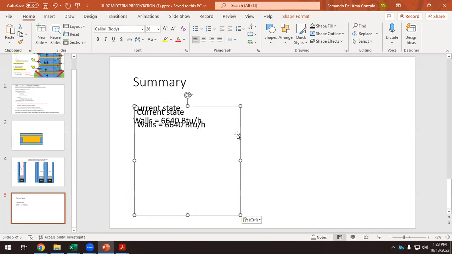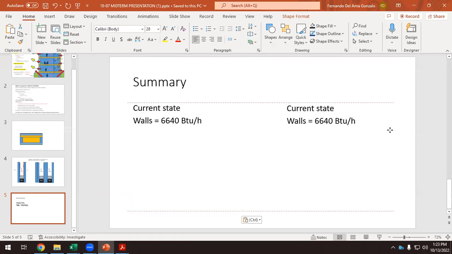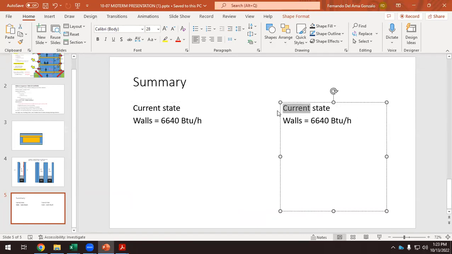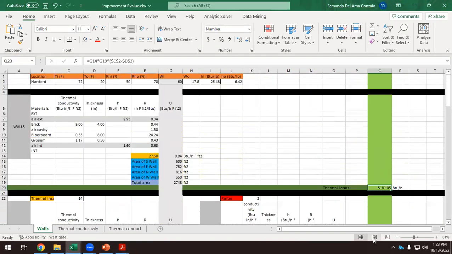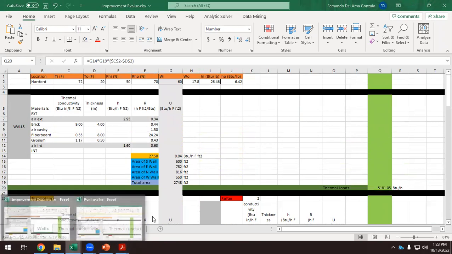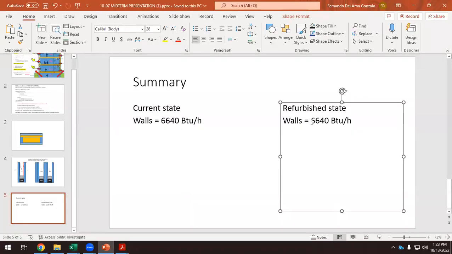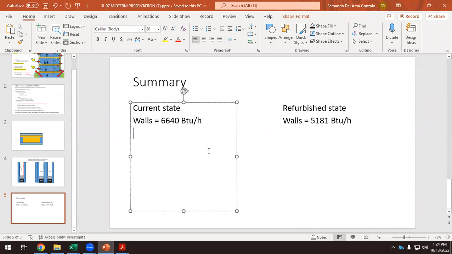What's the next state? The thermal load through the walls with 2 more inches of thermal insulation is 5181 BTU hours. What's next?